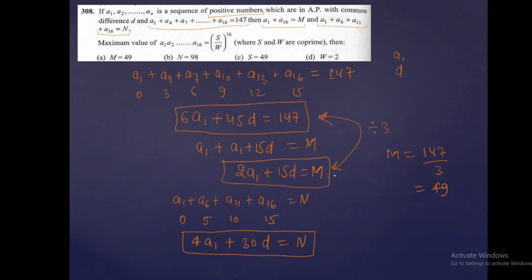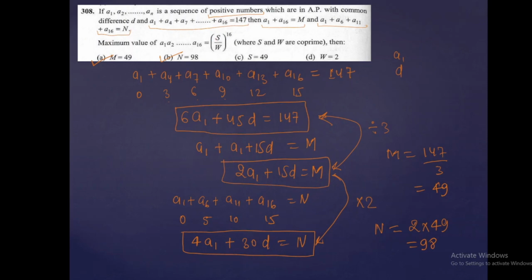And if you observe, multiplying the second equation by 2, you will get the third equation. So the N value will be twice of M, that is 98. So we have M equal to 49, N equal to 98.